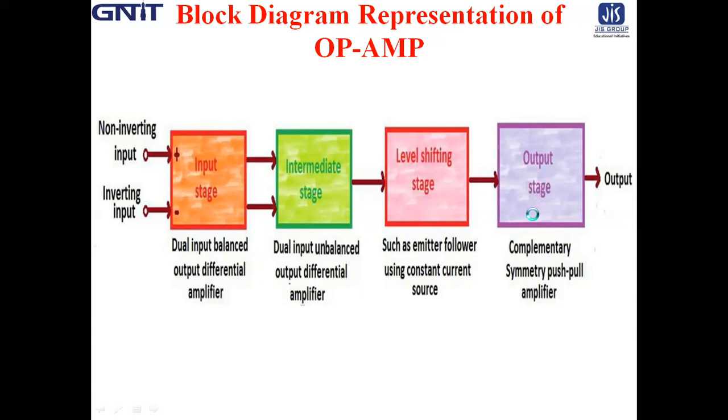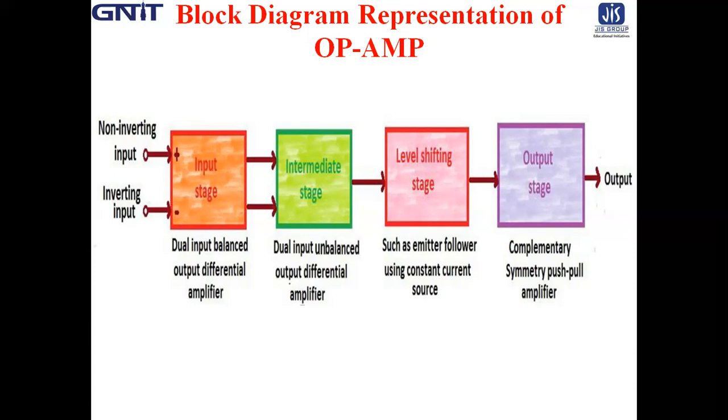The output stage or the last stage is basically a push-pull amplifier that increases the output voltage swing and raises the current supplying capability of the op-amp. The output stage is also known as the driver stage, which provides low output resistance. Okay, so this is all about the block diagram.